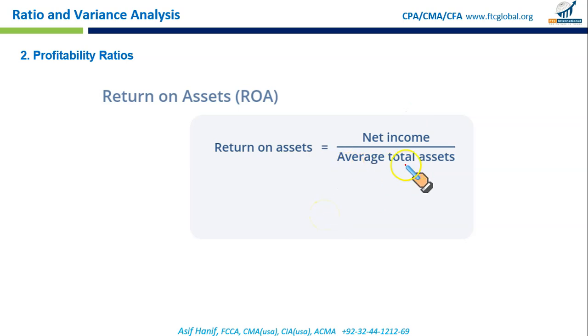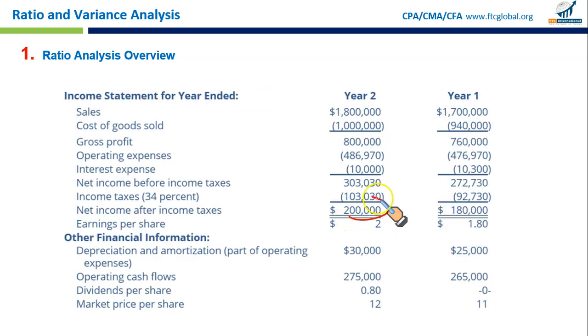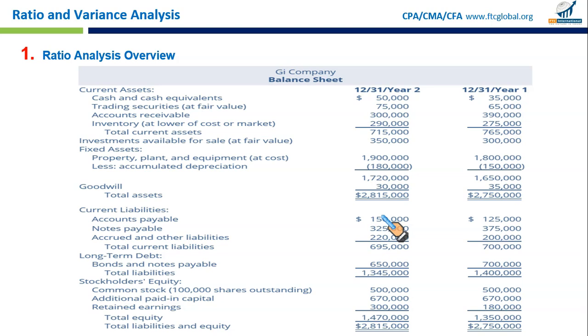So net income over average total assets will give you return on assets, how well you have generated income using the assets available. Let's see the numbers. This is your net income, $200,000 for year 2, and this is the figure for your total assets at the end of the year plus total assets at the start of the year.